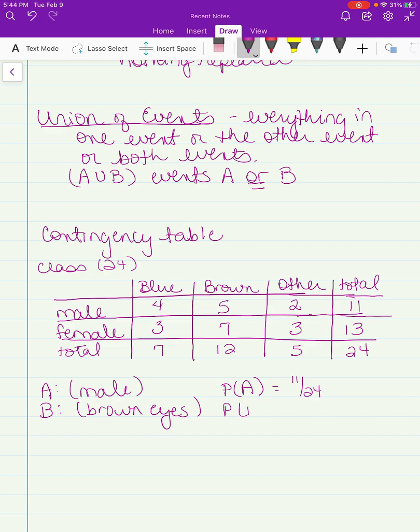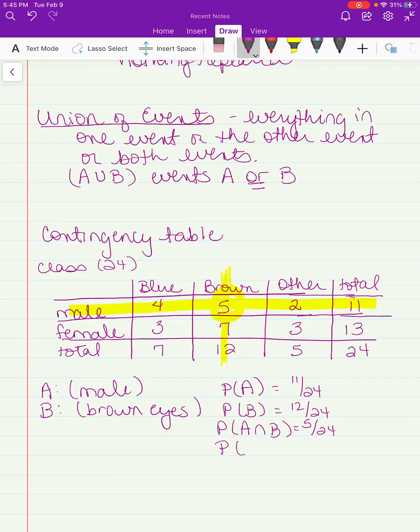The probability of B would be 12 out of 24. The probability of A and B, so this would be where they intersect each other. So that would be where male and brown intersected each other, which would be 5 out of the 24 people.